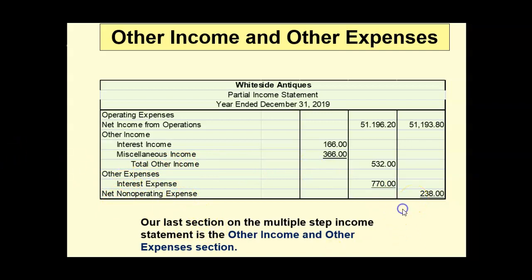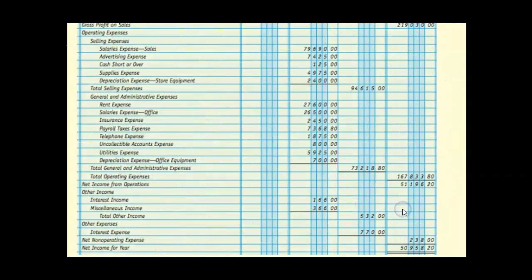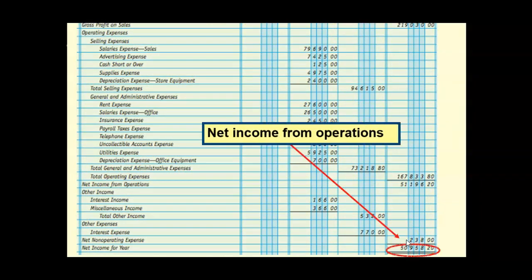$238. Now, to complete the income statement, we're going to subtract the net non-operating expense from our net income from operations to get net income for the year for $50,958.20.